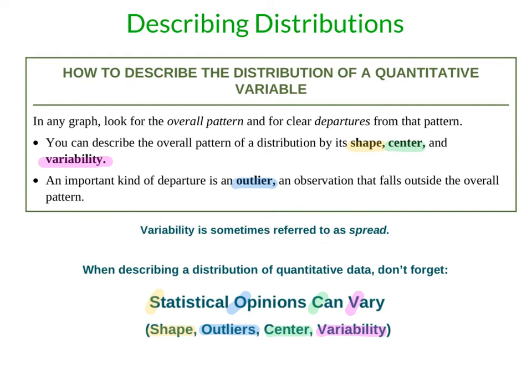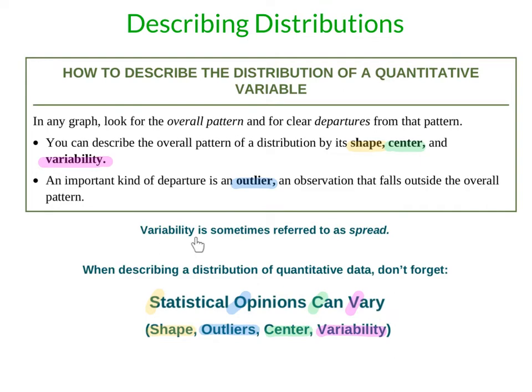So the idea that we're building towards is that there are a lot of ways and a lot of words where you can describe distributions of your data. That's what your graph looks like. You're always going to be looking at the overall pattern and what we call clear departures from that pattern. There are 4 major things that we look for when we want to describe a distribution or what's happening with a graph. We look at its shape, its center, its variability, and any outliers.